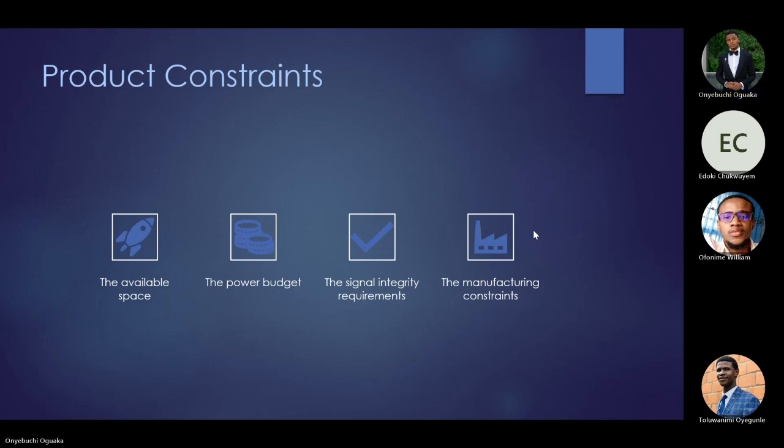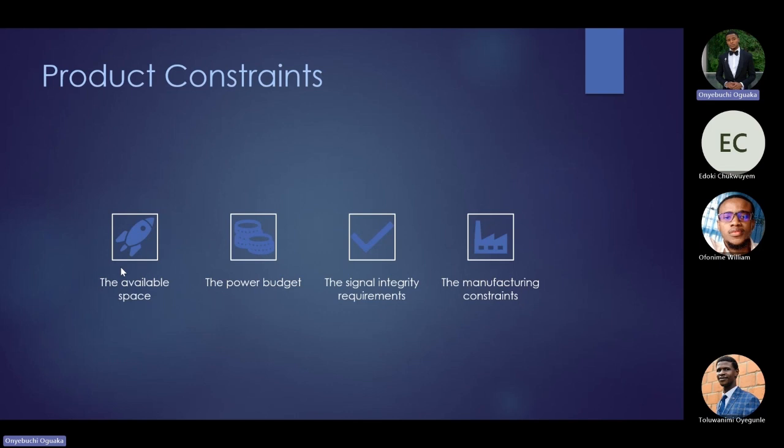These can include the available space, the power budget, the signal integrity requirements, and the manufacturing constraints. Available space refers to the physical area on the PCB where components, traces and other elements can be placed.